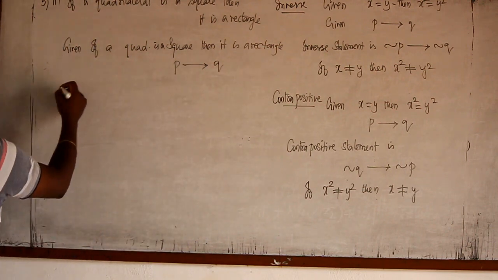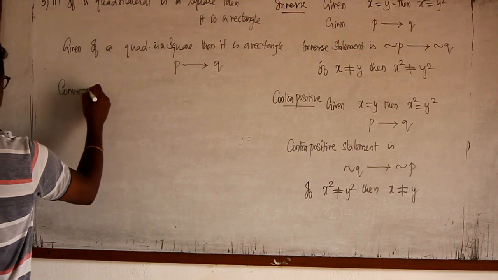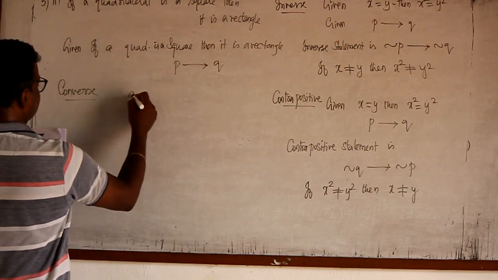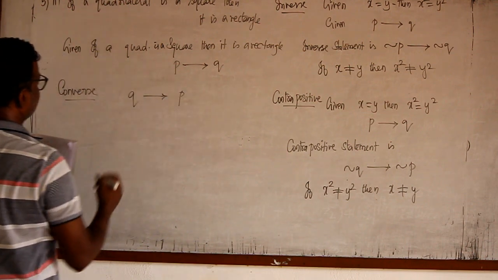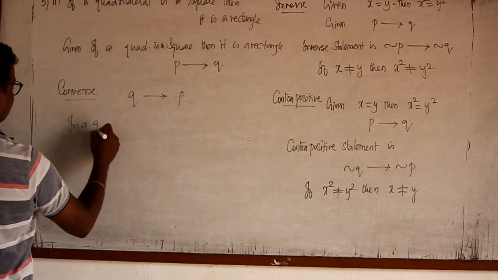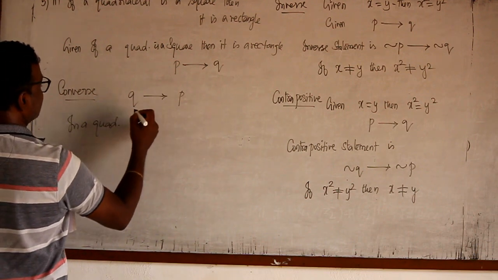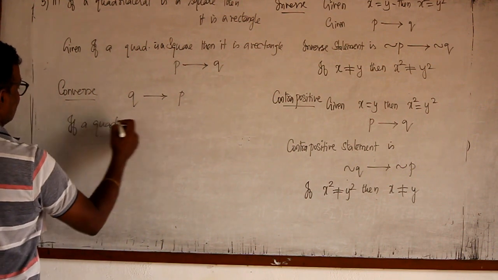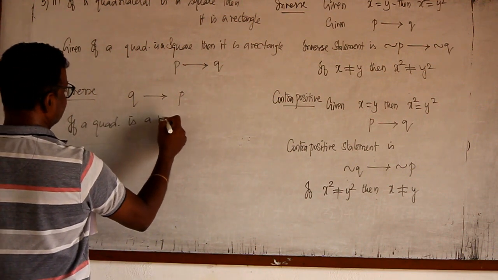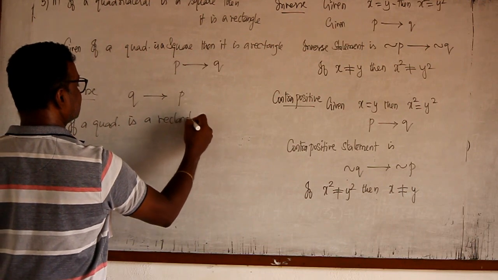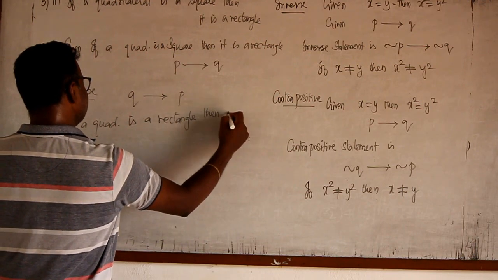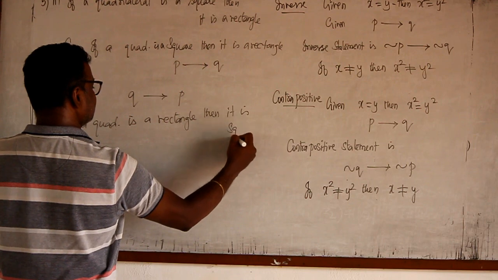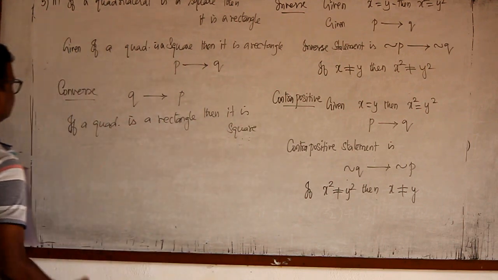First the converse, straightly: Q implies P. That is, in a quadrilateral, if a quadrilateral is a rectangle, then it is a square. I just have to change the order.